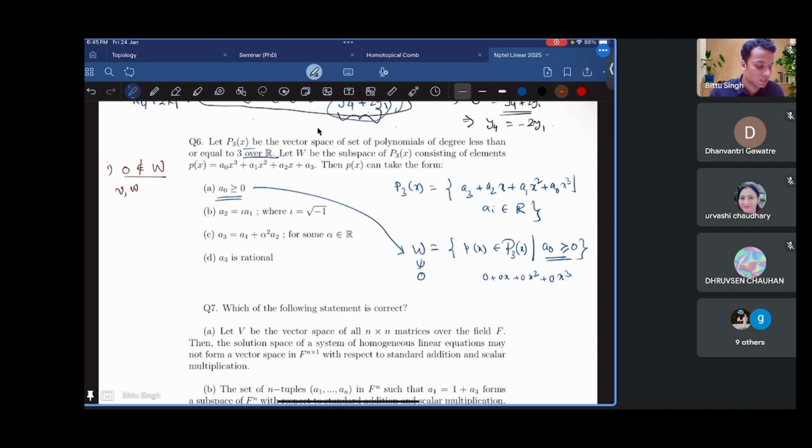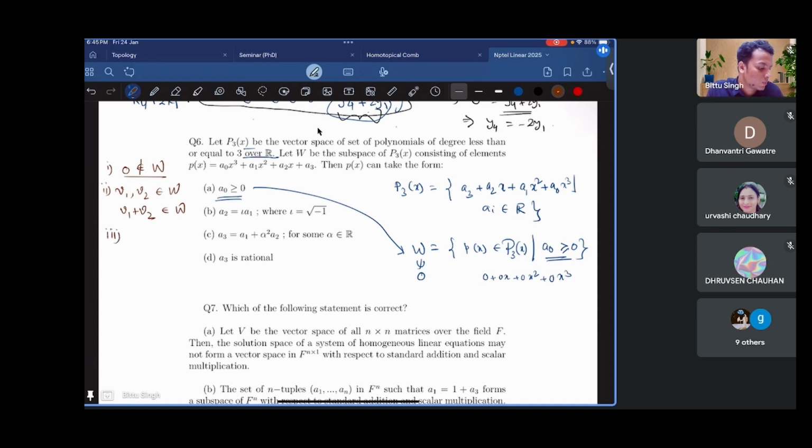That's why we'll always check this condition. Next, suppose two vectors V1 and V2 are in W, we need to check if V1 plus V2 is there. Suppose those hold, will it be a subspace of V?